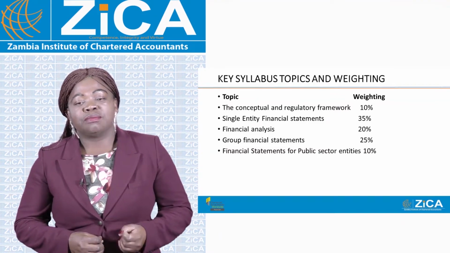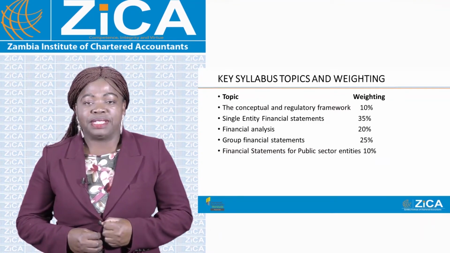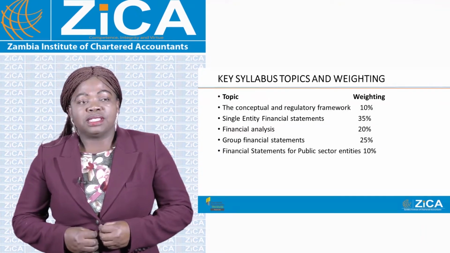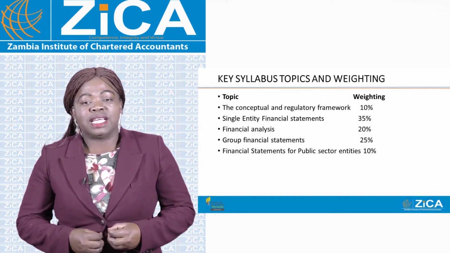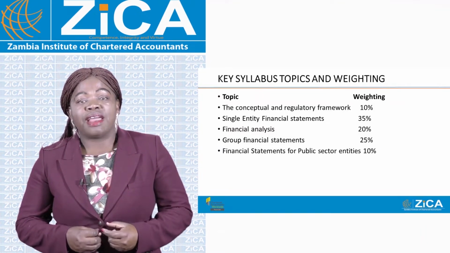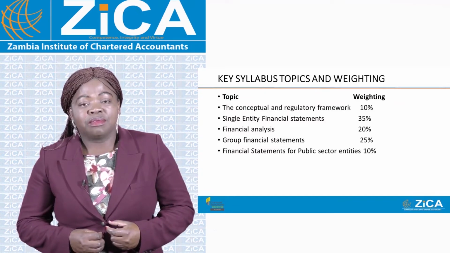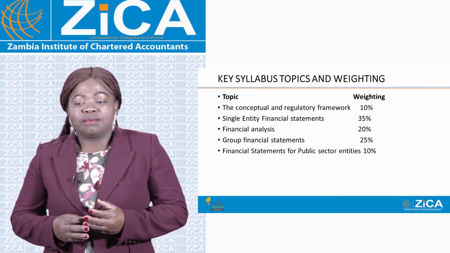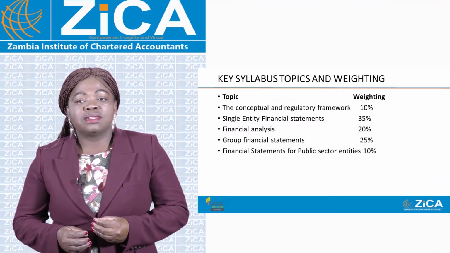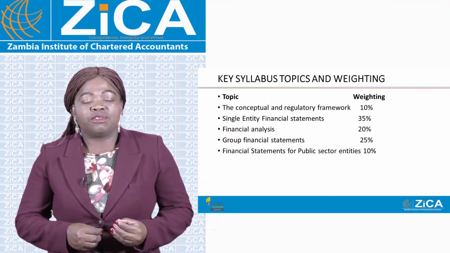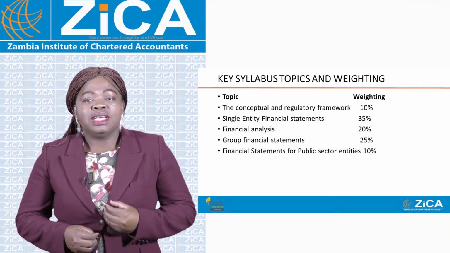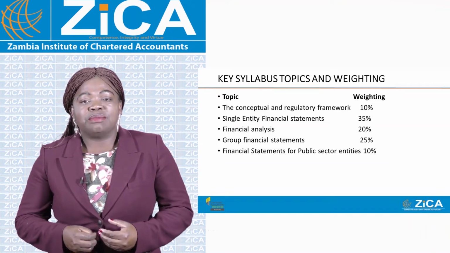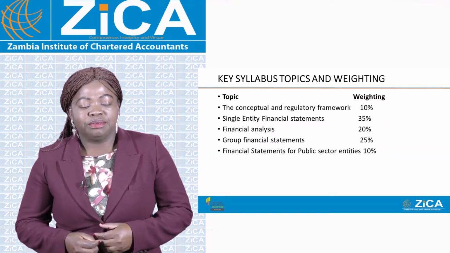The weighting for this particular section is only 10%. So you don't have a lot of questions that will come from this area in the exam. And whenever you get these questions, they are basically the same questions. They will not vary too much from one sitting to the other. It is basically the same questions that may be asked time and again.